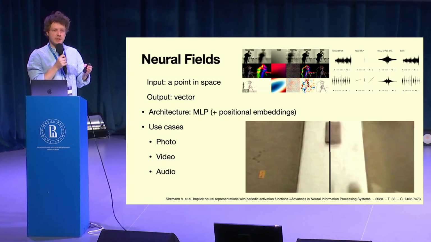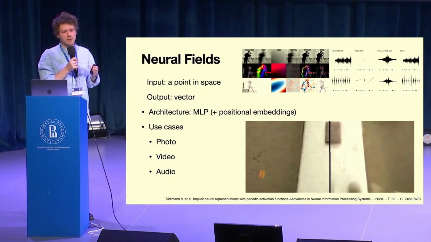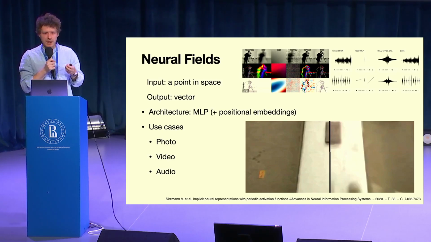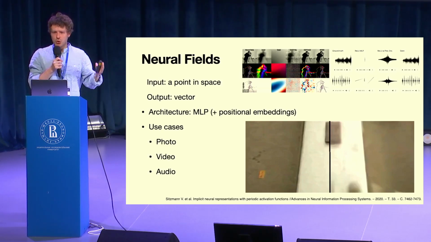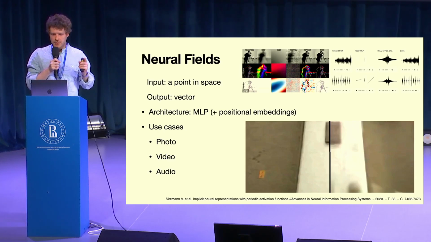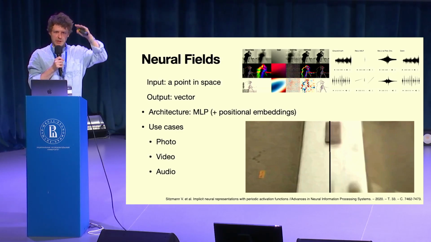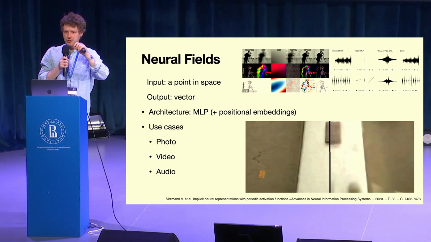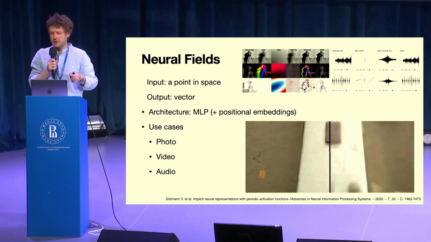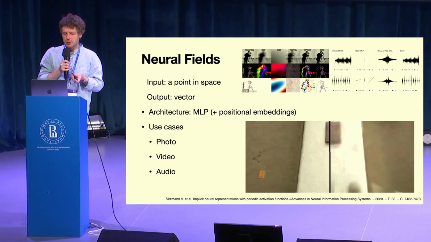And they succeeded in representing audio signals, and it's very impressive. They tried to represent raw audio signals with tens of thousands of input values, time steps, and they predicted the location of the speaker membrane at each time step. And surprisingly, it is possible to compress an audio signal into a single neural network.